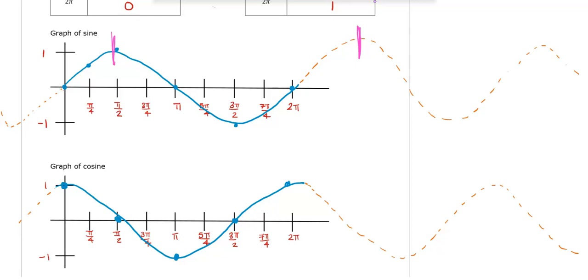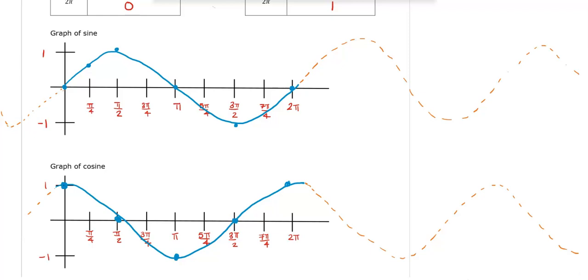The only difference is my x coordinates. Likewise, I could do the same thing with sine over here on cosine. I could start my sine right here, and if I follow that, it goes here, here, here, here, and then it ends here, and then it starts to repeat again. So you see, I have sine and cosine kind of within each other. They're just a shift from one to the other.